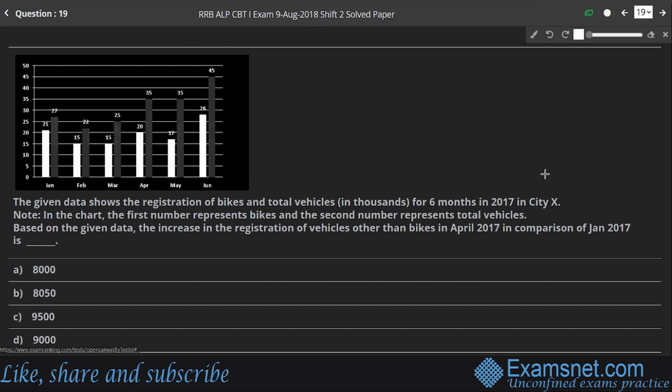So here, students, the white part represents the number of bikes, whereas the gray part represents the number of total vehicles. The question is, based on the given data, the increase in the registration of vehicles other than bikes in April in comparison to January 2017 is.